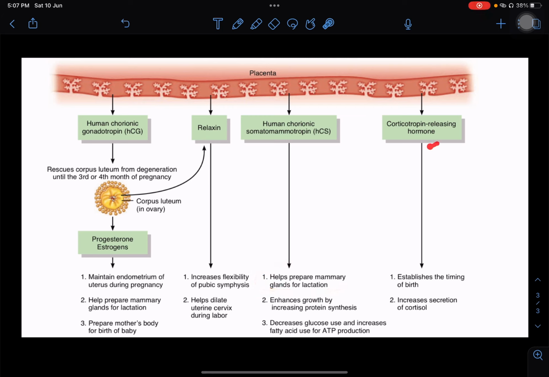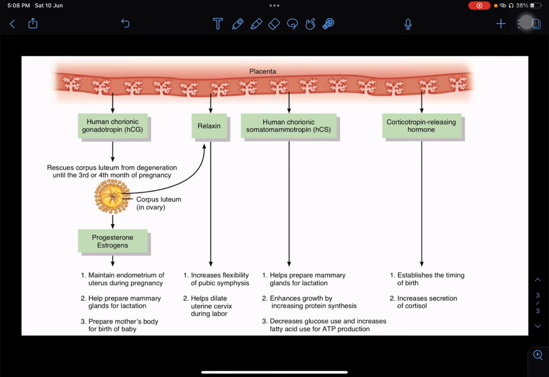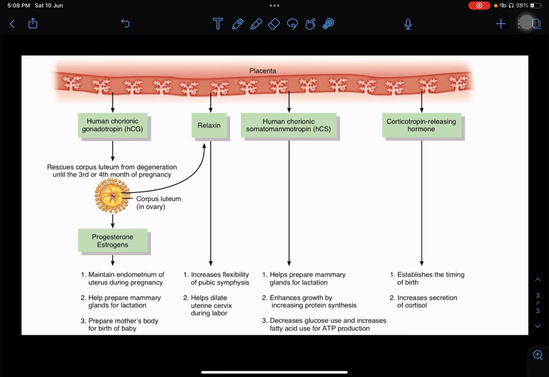And it also releases CRH, corticotropin releasing hormone, which establishes the timing of birth because this increases the secretion of cortisol. And you can see at the time of parturition or near parturition, the CRH level is going to reach the peak. So it helps in parturition, delivery, labor, which fixes the timing of birth.